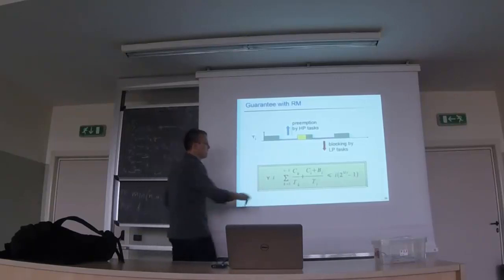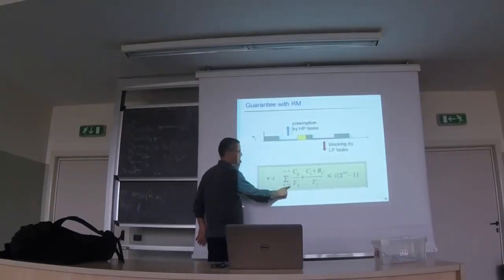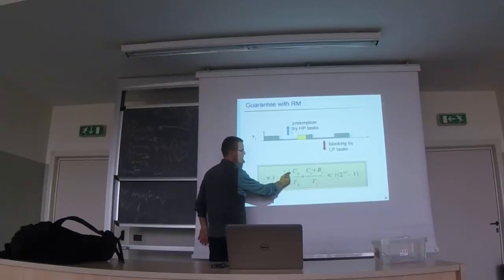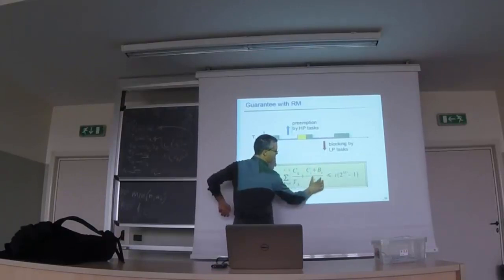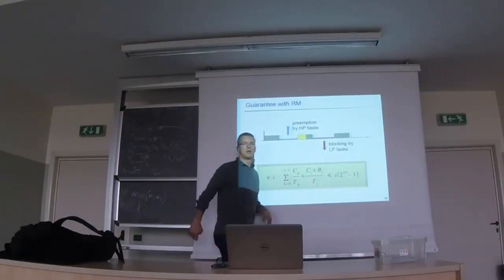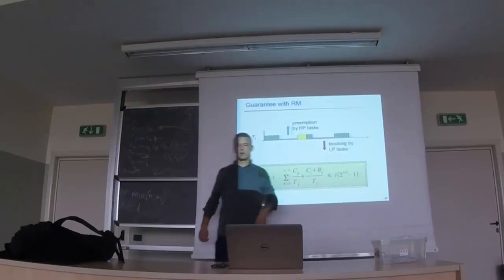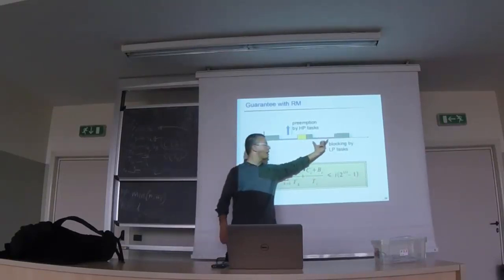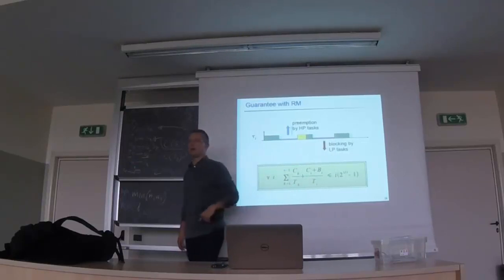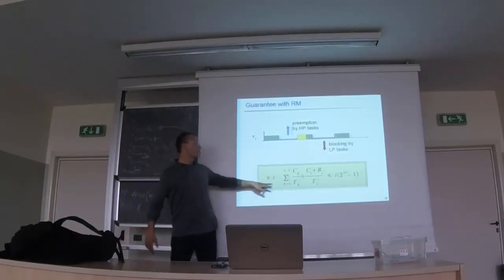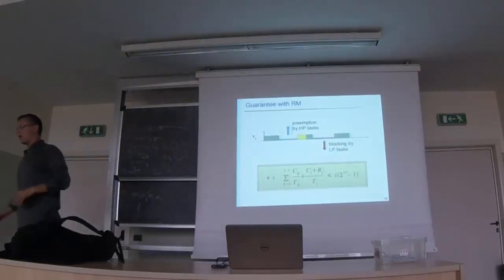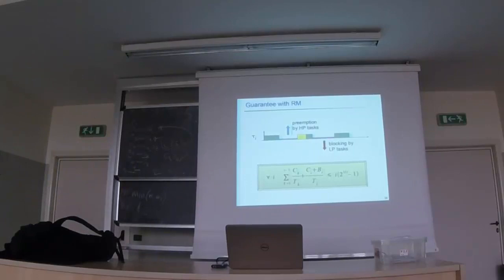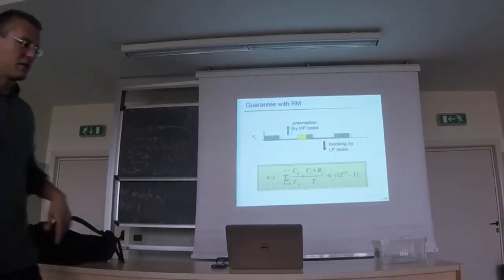Here k goes from 1 to i minus 1, the utilization, plus my utilization, plus this B term over my period. This B term stands for the blocking due to lower priority tasks. If you remember, the utilization-based test for independent tasks was performed just once for the whole task system.